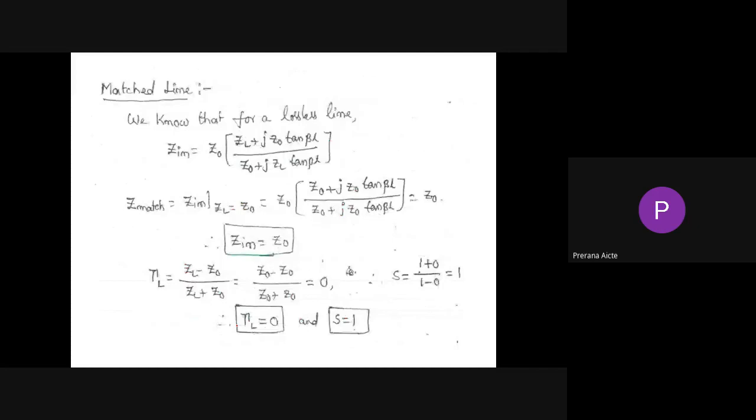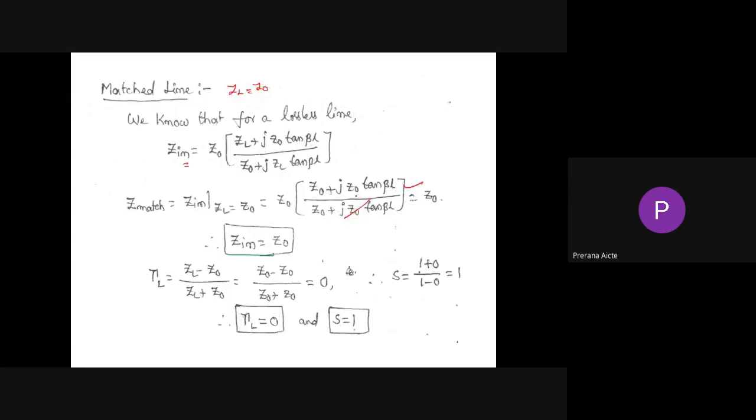Next, for a matched transmission line, the load impedance Z of L is equal to the characteristic impedance Z naught. As we know, the input impedance of a lossless transmission line Zin is equal to Z naught into Z of L plus j Z naught tan beta L divided by Z naught plus j Z of L tan beta L. In this equation, we substitute ZL equal to Z naught, then it will come Z naught plus j Z naught tan beta L divided by this one.